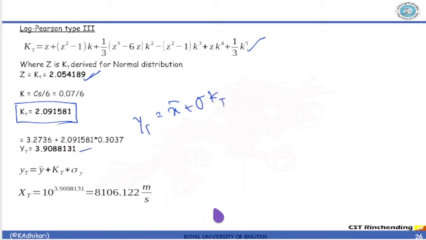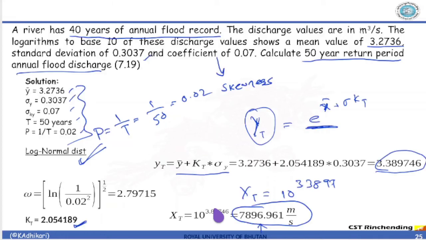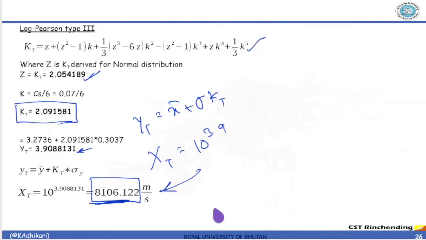You have got this one, and the actual value x of T is 10 to the power whatever value you have calculated, and you're going to get this. So you can see the difference. Same methods, the value has to be somewhat similar. So from log normal we have calculated 7800, and from log Pearson we are calculating 8100. Not very different.